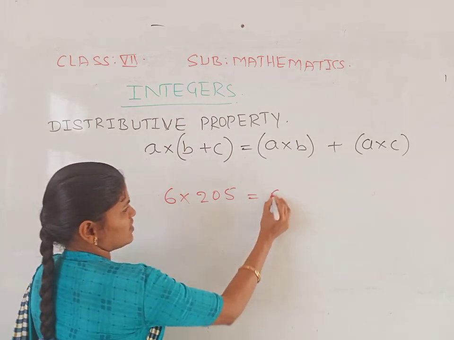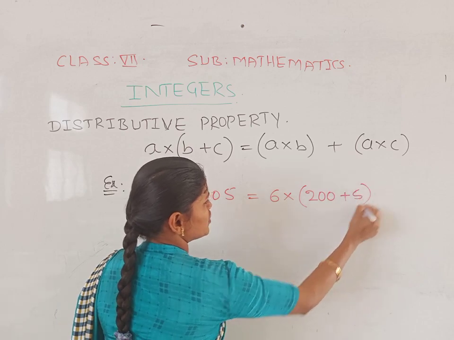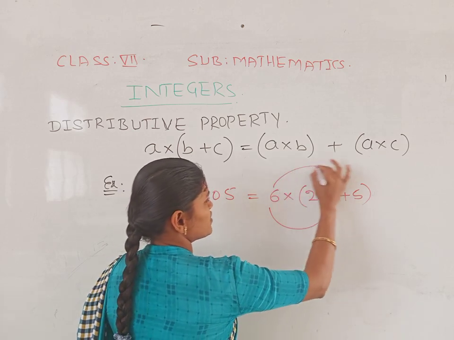I will keep 6 as it is. Then 205 split as 200 plus 5. No problem. So now 6 into 200, 6 into 5.